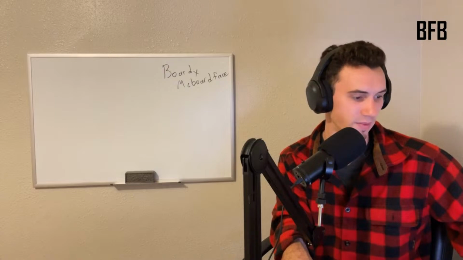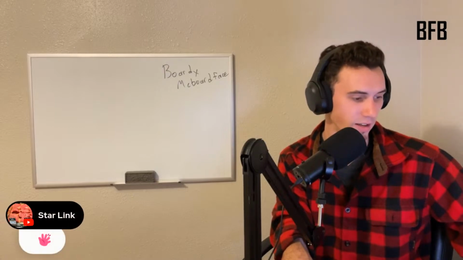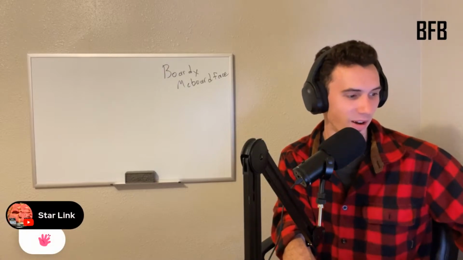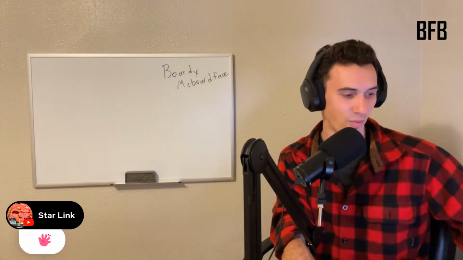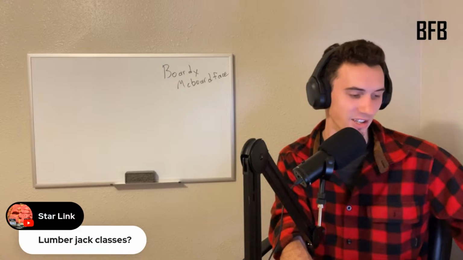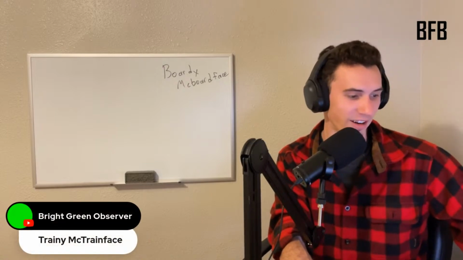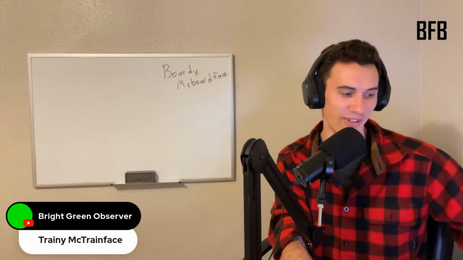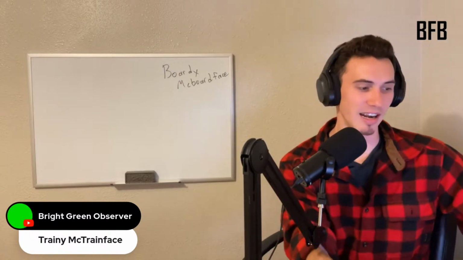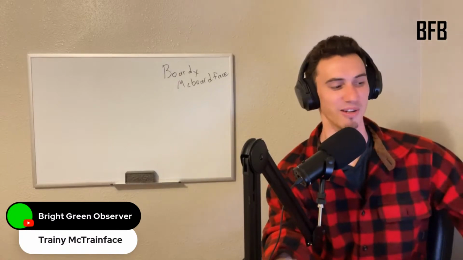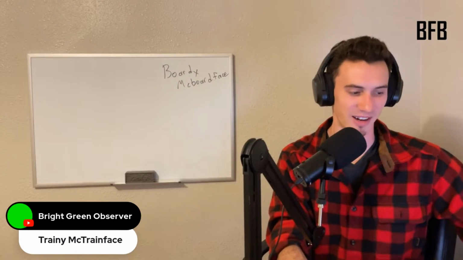Oh, we got Starlink in the chat. Hello, Starlink. Welcome to the channel. Welcome to the nerd channel where we talk about wood. Lumberjack classes. You are correct. Bright Green Observer says Trainee McTrain Face. Oh, I get it, because we're training. We're training on how to do wood stuff here. So Trainee McTrain Face.